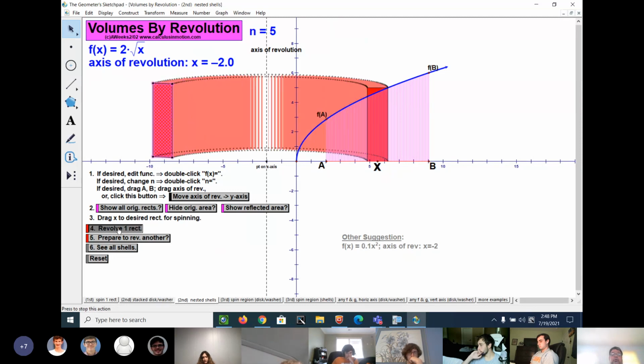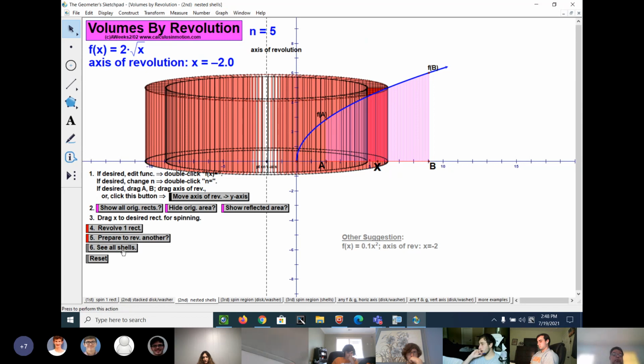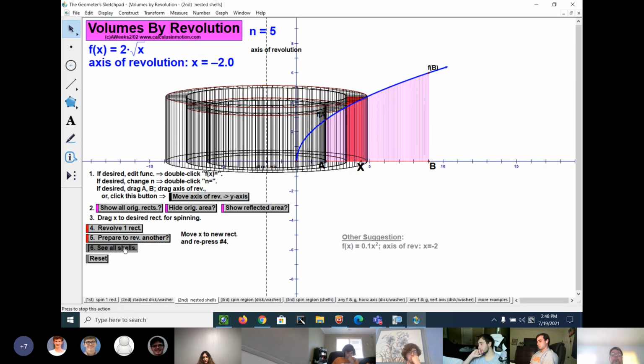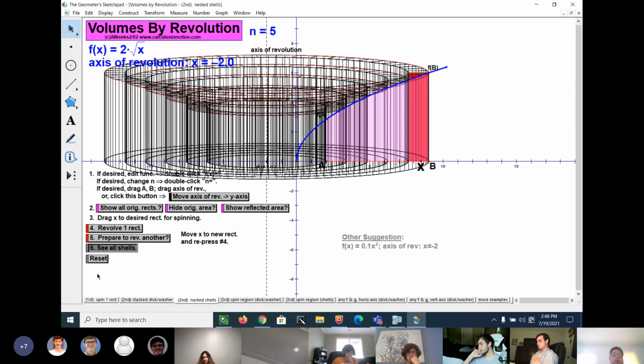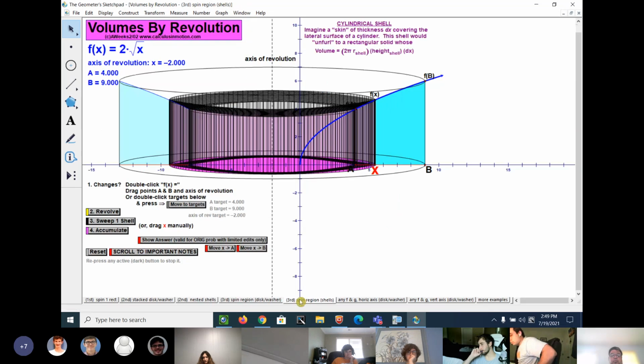There's a shell right there going around x is equal to -2. And that's your washer. There's a shell.